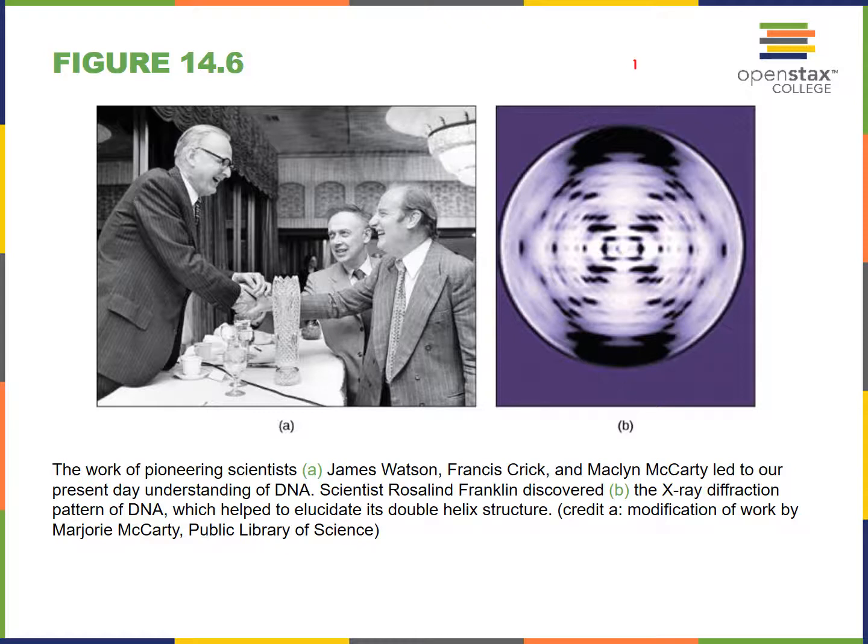I want to focus on this first before Watson and Crick. Rosalind Franklin was a female scientist in the 60s. She was doing X-ray crystallography to try to figure out the structure of DNA, and that's a good method to figure out the structure of DNA.